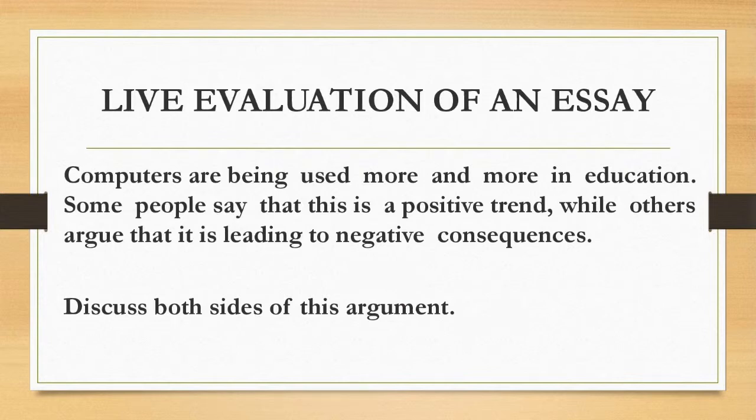Now this is the question, and let me know what we have to do here. What do you think should be the structure of this question? How should we approach this question?